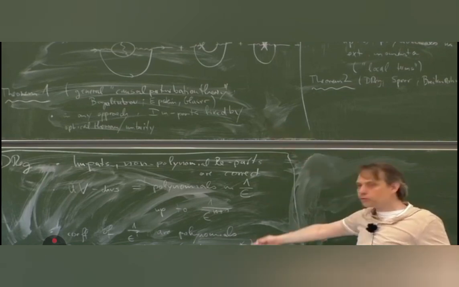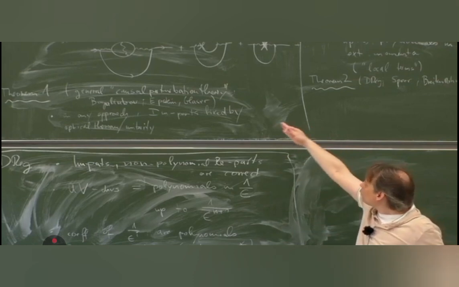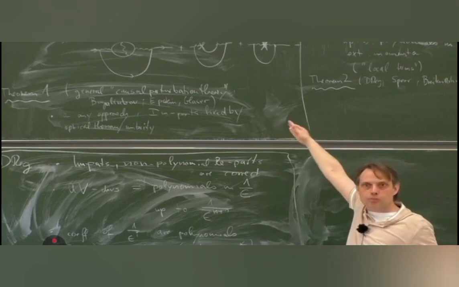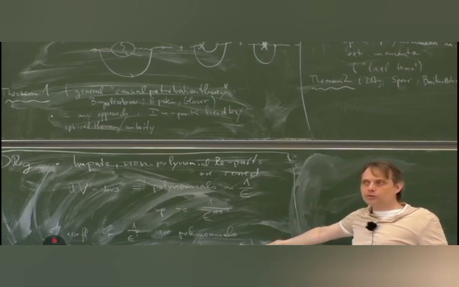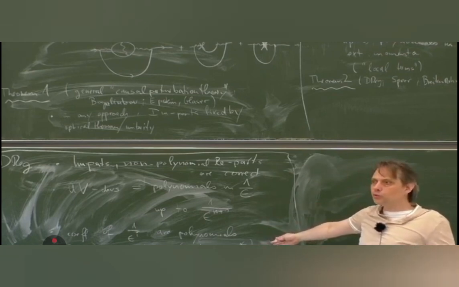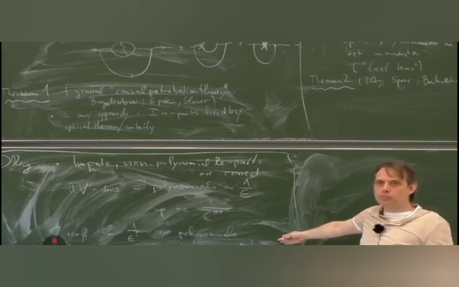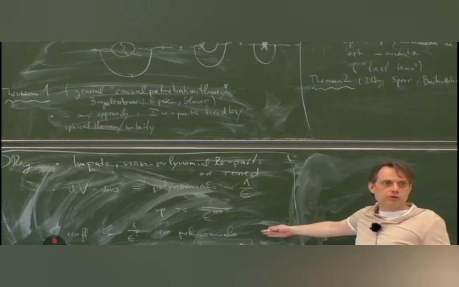Then this theorem applies to exactly this case. That means the divergences from such a combination are a polynomial in 1 over epsilon and a polynomial in the external momenta and the masses. Therefore, we know that we can cancel the divergences by adding to the theory yet another counter-term Lagrangian, which cancels these local terms.